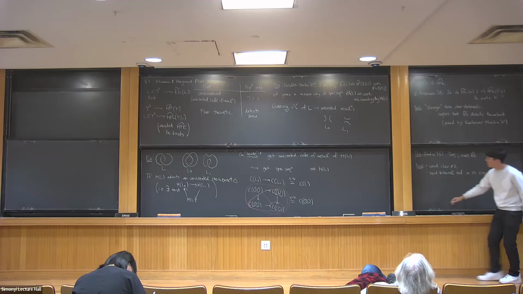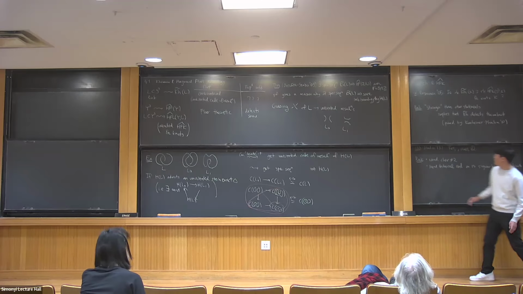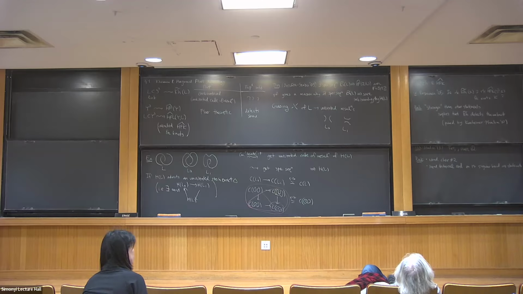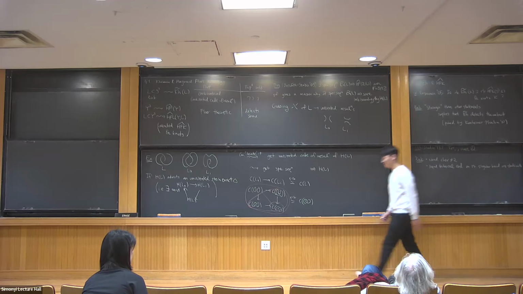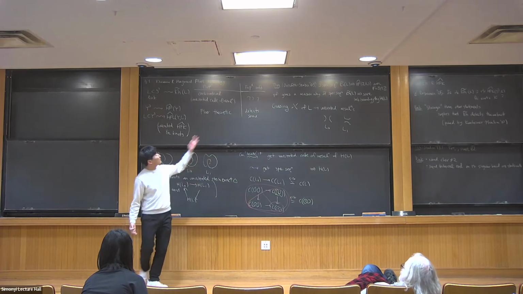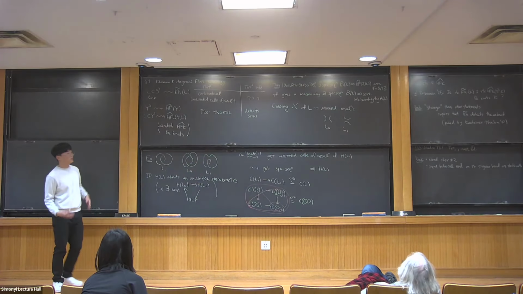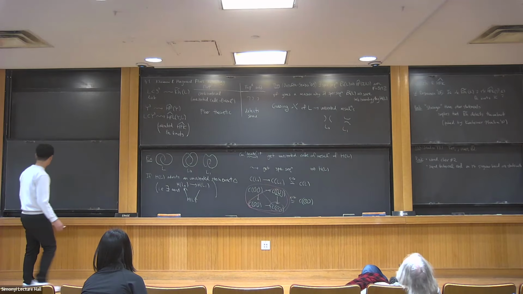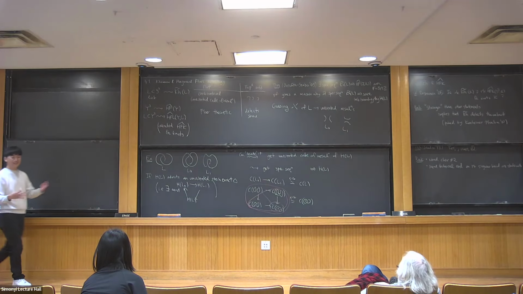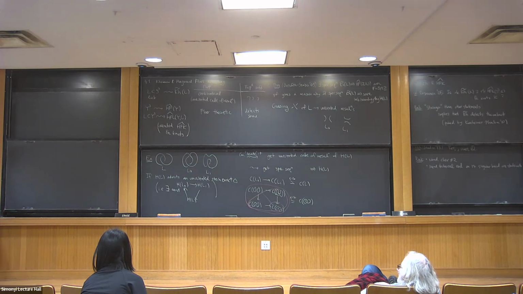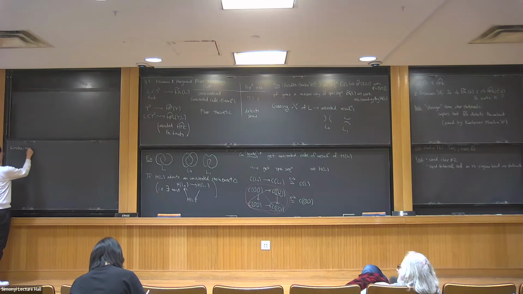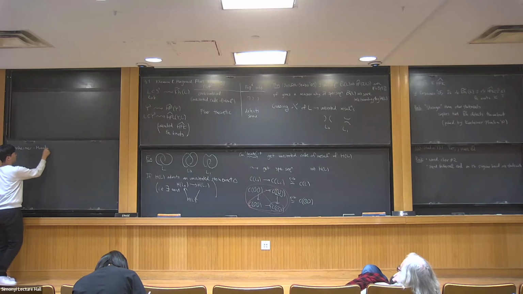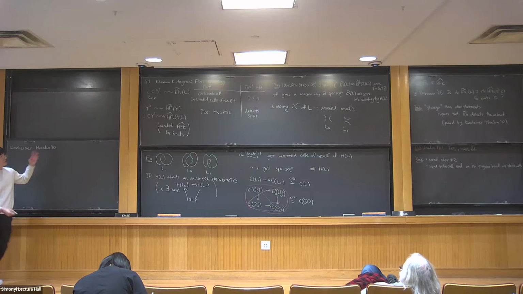But maybe it is a bit unreasonable to expect something in the spirit of Ozsváth and Szabó's spectral sequence for Khovanov homology to knot Floer homology. But in fact, there exists a spectral sequence just like that, defined by Kronheimer and Mrowka when they showed that Khovanov homology detects the unknot.